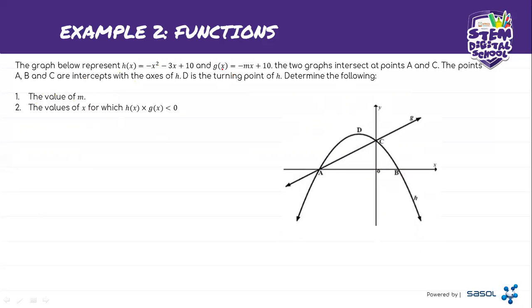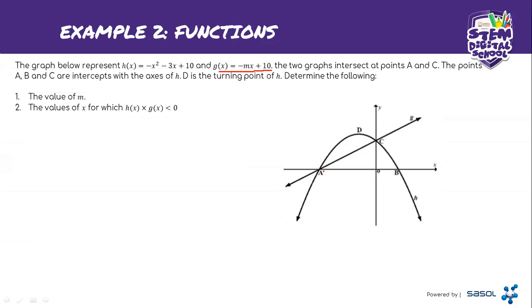The value of m, where is m? You can see it is this straight line graph. We have to determine the value of what? m, right? Now, for you to be able to determine the value of m for this straight line graph, or linear graph, we are going to be looking for any point on this line, right?